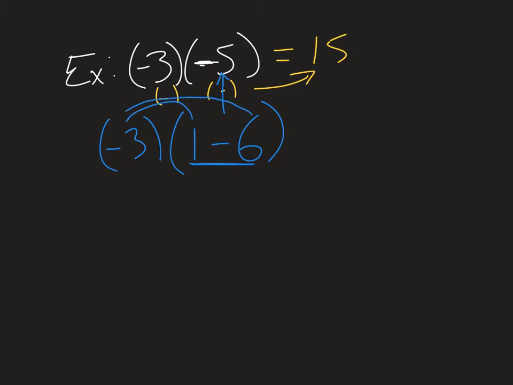So I'm going to multiply the negative 3 times both of these things. Negative 3 times a positive 1 makes negative 3. And then I'm going to minus, take the negative 3 times the positive 6, that makes negative 18. And this becomes negative 3 plus 18, which makes a positive 15.